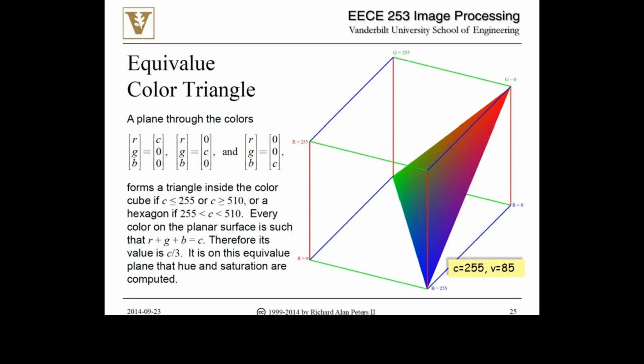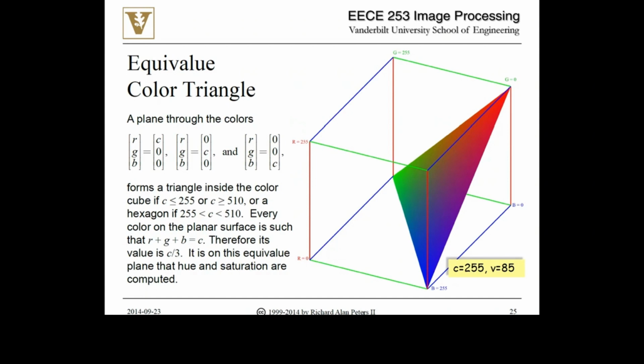All those colors here in this plane are the ones that fulfill the equation R plus G plus B is equal to C. And you know how to compute the value. The value is the average of the three channels, so it is the same as R plus G plus B divided by 3. So the value has to be C divided by 3.